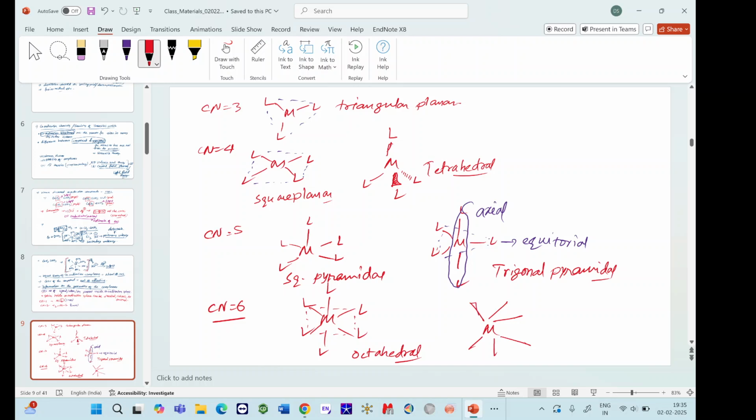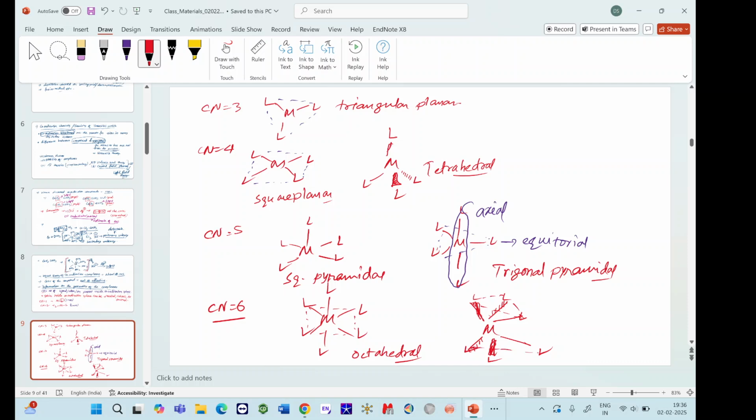So this will be like this, off the plane. This will be at the bottom. And again, this will be top of the plane. This will be bottom. So here you have a triangle between these three ligands.